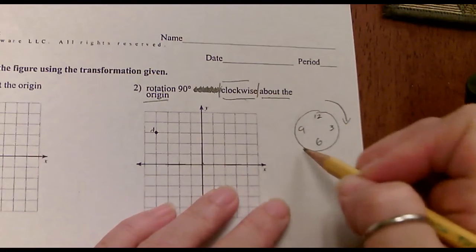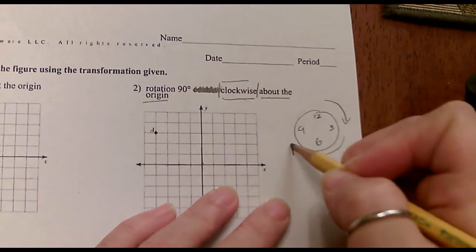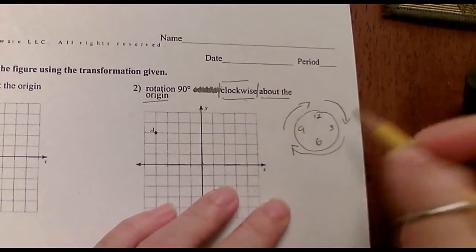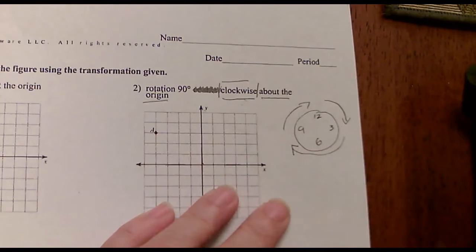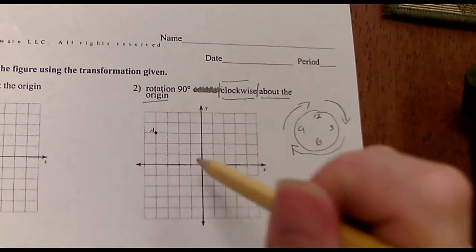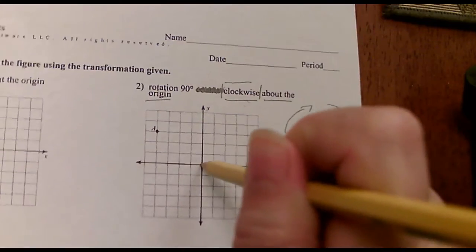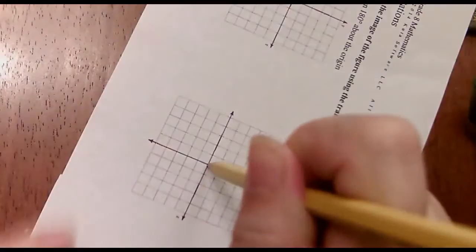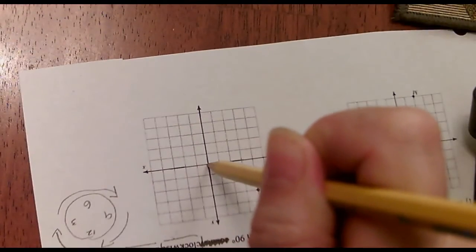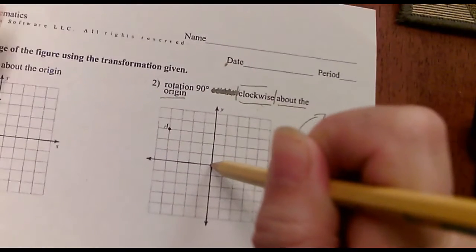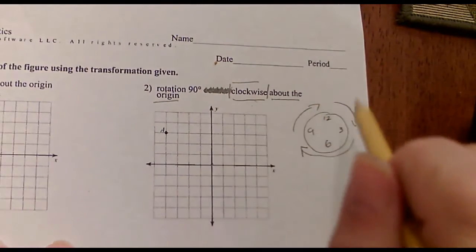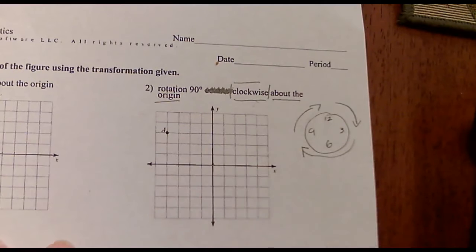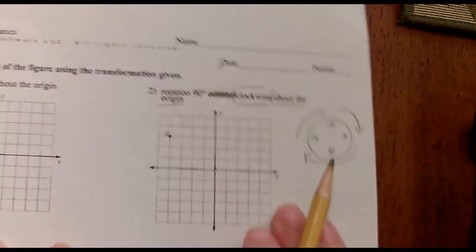So the direction that the hands on your clock are going is the clockwise direction. So I'm going to take my pencil and put it right at my point of origin, and I'm going to spin the paper clockwise. Oops, got stuck. Clockwise. Doing that gets me in the habit of remembering that the direction of the clock is clockwise. Okay, and that's what we're going to focus on today, clockwise.